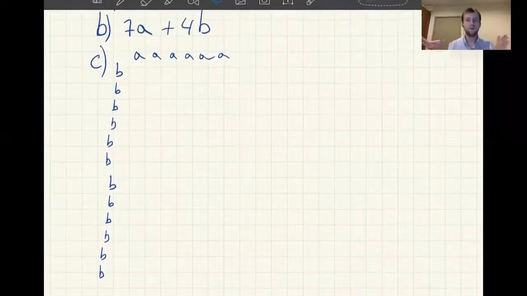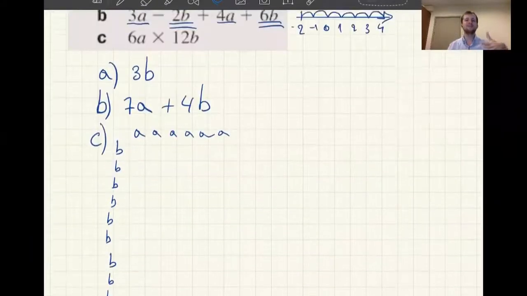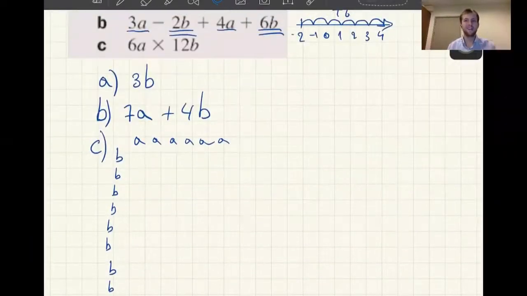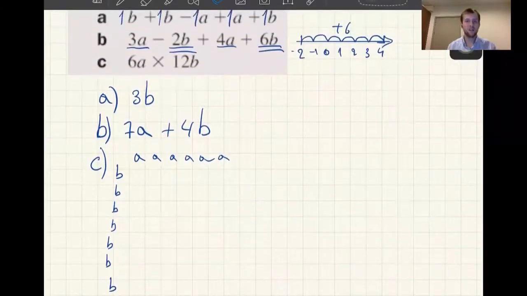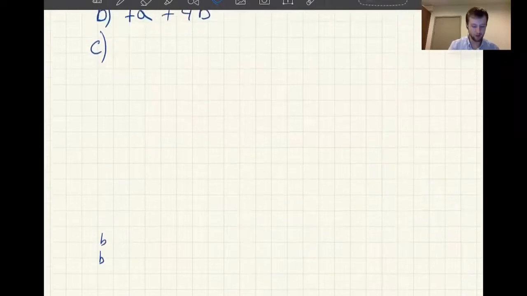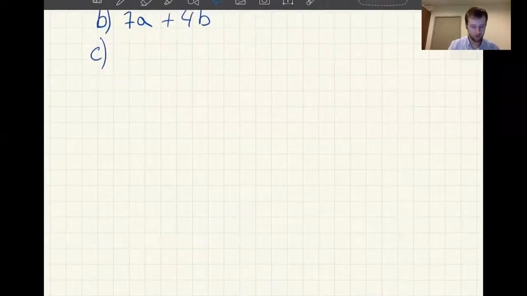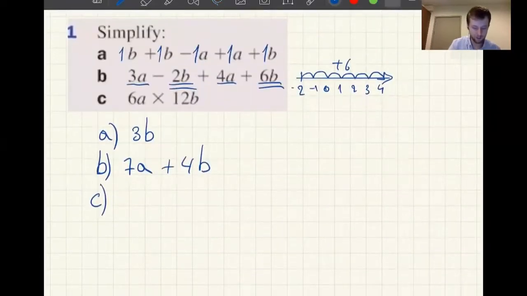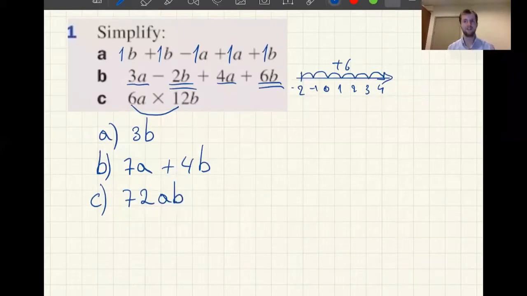And so what happens is, 6 apples times 12 bananas, you have to do 6 times 12 first. First you do numbers times numbers, 6 times 12. 6 times 12 is equal to 72. So you write 72, and then you write apple bananas, 72a times b.